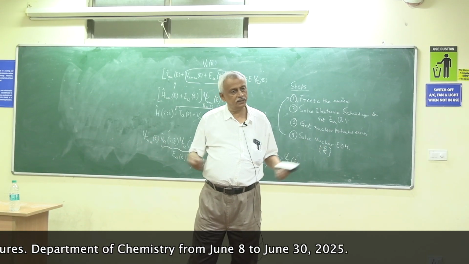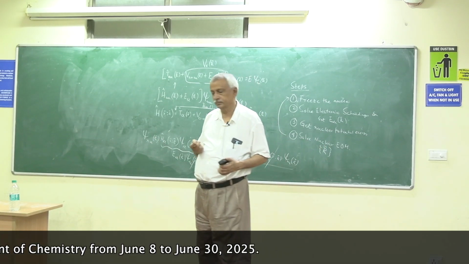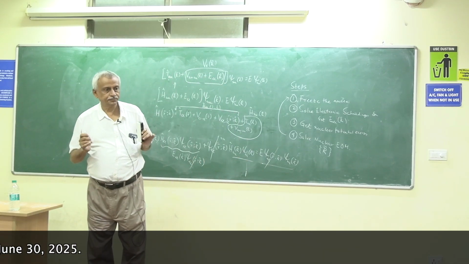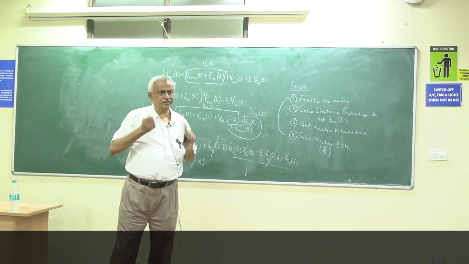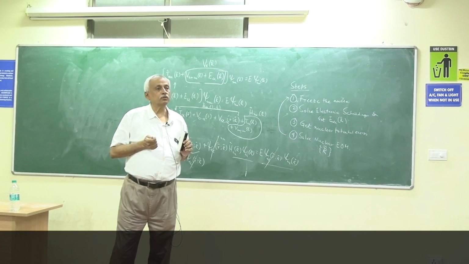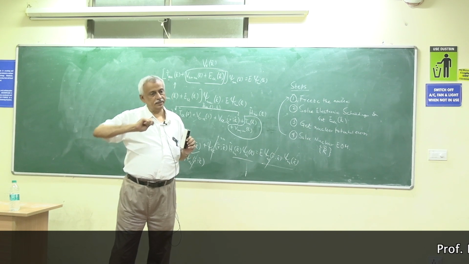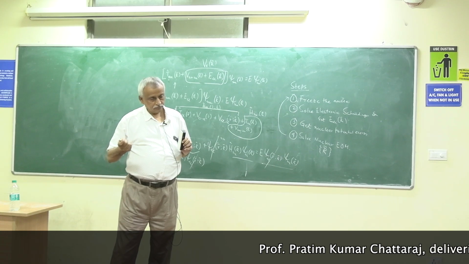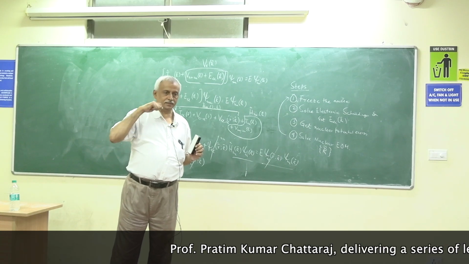With that you can get the nuclear motions. Generally what we do is a kind of semi-classical approach. The electronic part is done quantum mechanically. The nuclear part is done classically.